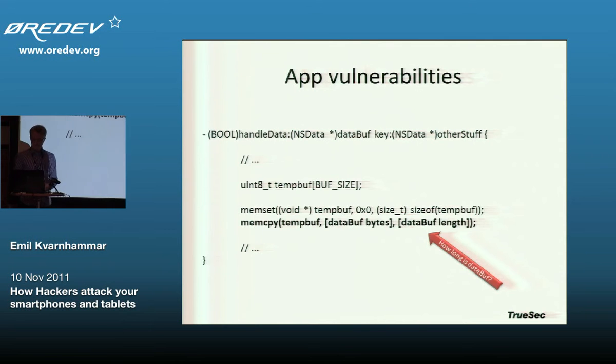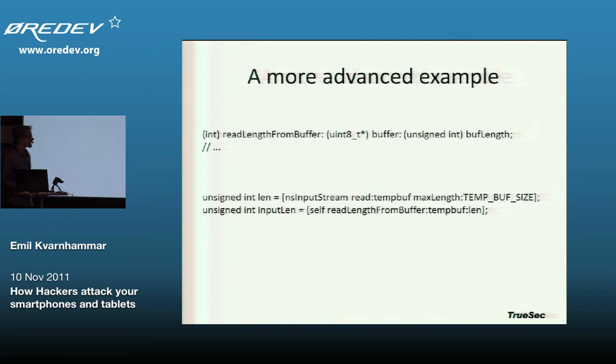Looking at a slightly more advanced example, by the way, those are examples from real applications that we have reviewed, even though we have modified them a little bit so that we can easily present them. Looking at this example instead, can anyone see any problems with this?